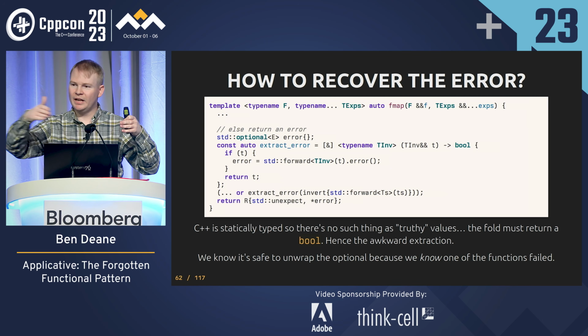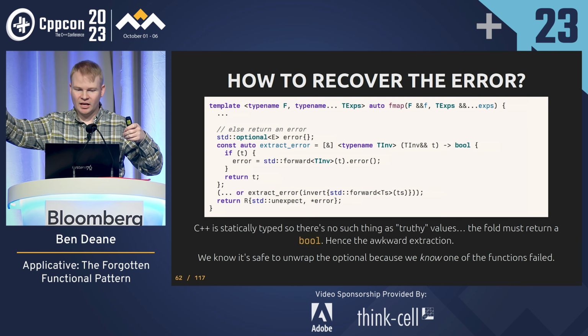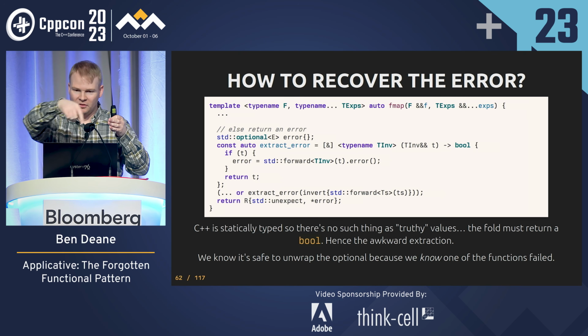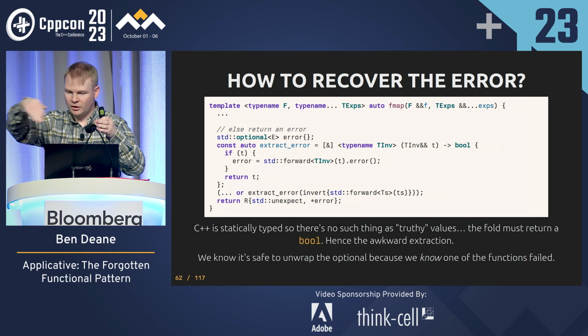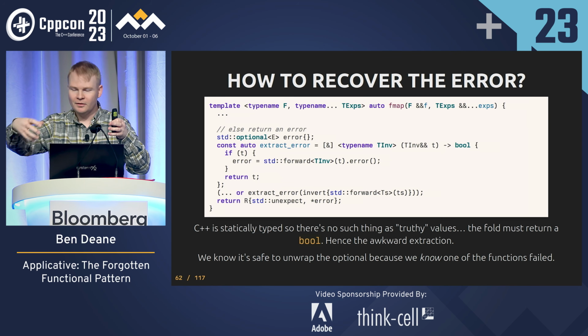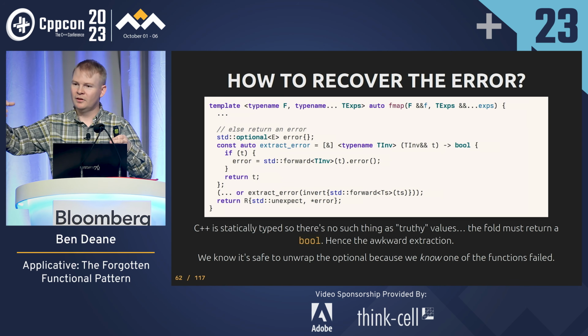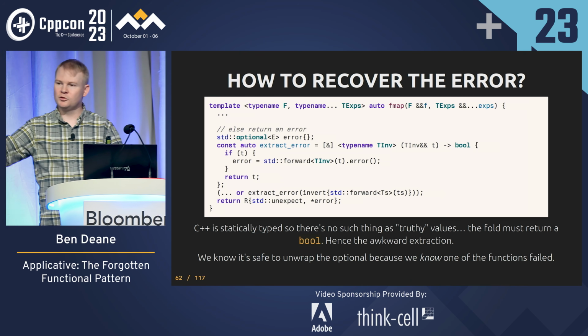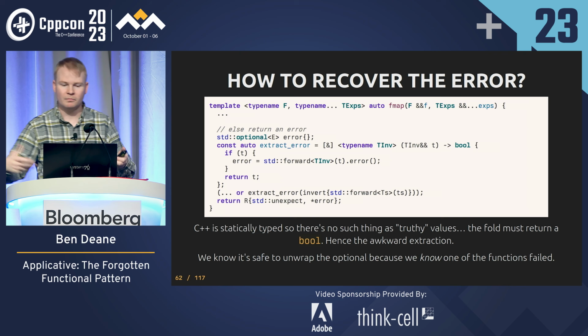And so we only want to evaluate the error that actually went wrong. So up until that, all the inversions are false because they all succeeded. And when we hit the one that failed, that's where the invert returns true and gives us that error out.